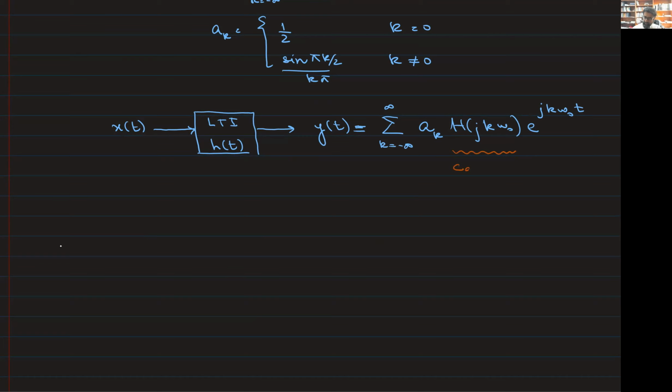Can this be played with so that y of t turns out to be equal to some constant times cosine omega naught t? In other words, can I extract a cosine or a sine out of this square wave by playing with this H? Okay. I will stop here and stop recording.